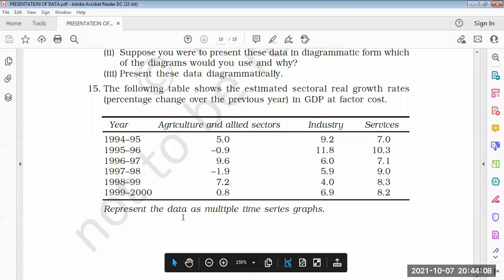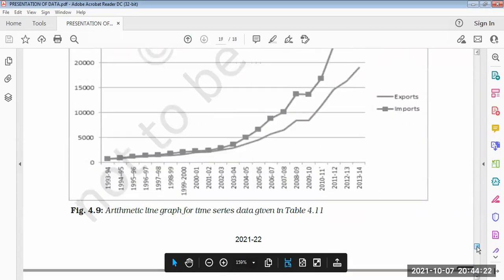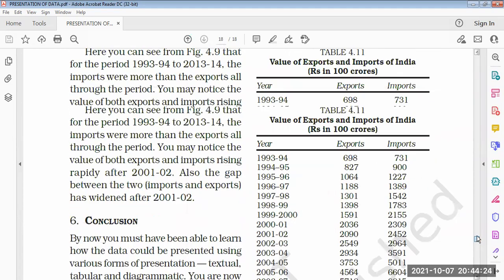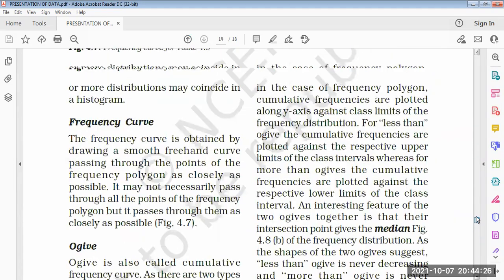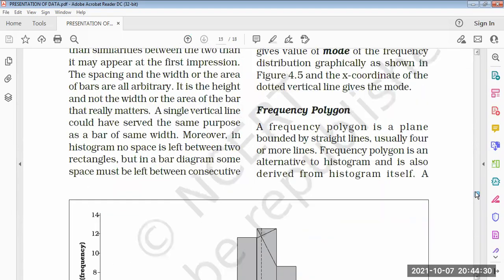It is very simple actually. Represent the data as multiple time series graphs. I am going back to the textbook. Where is the time series graph in the textbook?